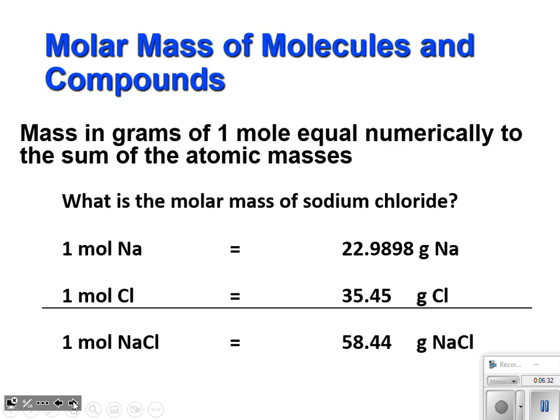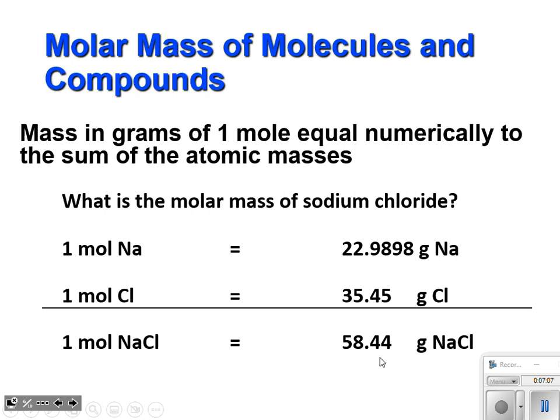Now, why is it rounded there? Sig figs. Remember, we're adding and subtracting. I have 4 places past the decimal over here, and right here I have 2 places, so it tells me I can only have 2 places past the decimal. So 1 mole of sodium chloride is 58.44 grams.